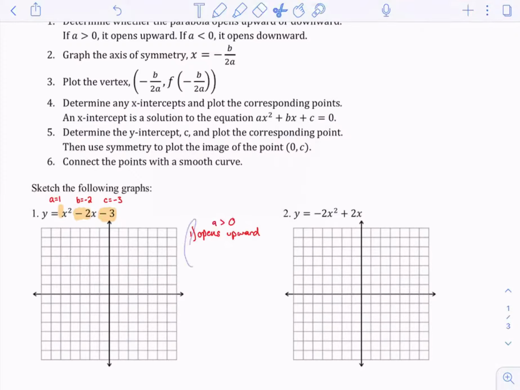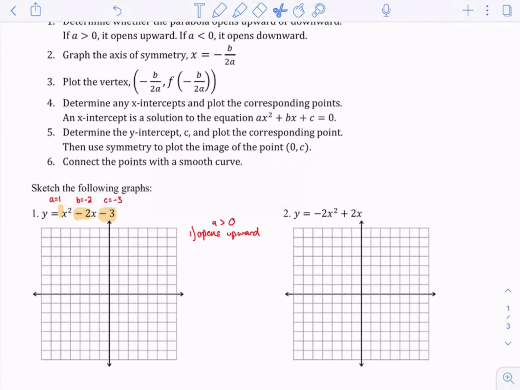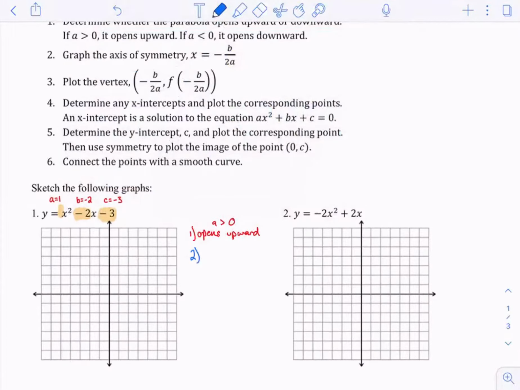Okay, the next thing we're going to look at is we're going to graph the axis of symmetry. So the axis of symmetry is equivalent to x equals -b/2a.